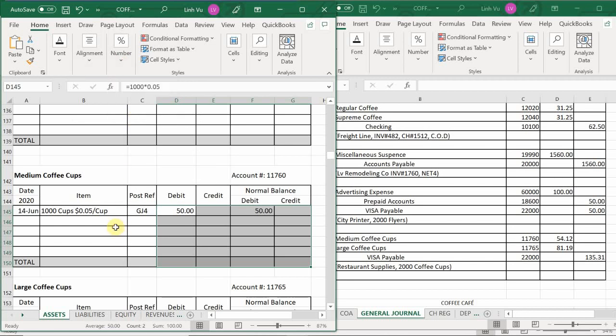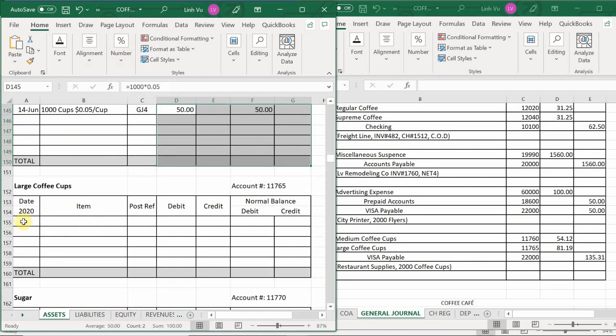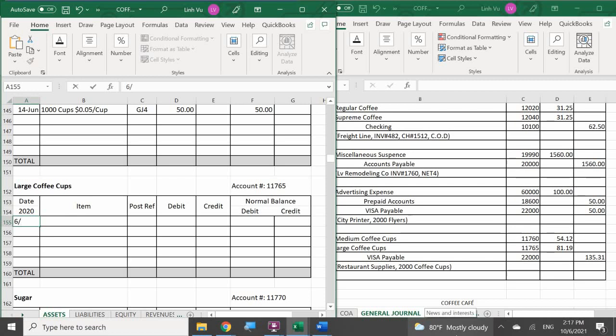Okay. We also have to update our large coffee cups. Large one, 14. We bought 1,000 cups at 0.075. Okay, June 4, and $75 in debit.